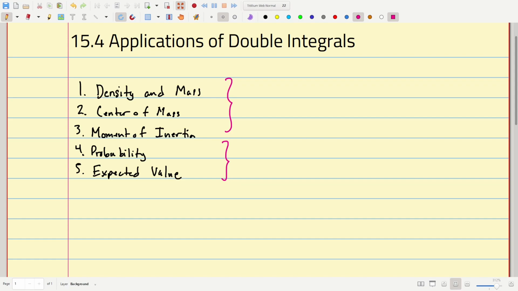And the bottom 2 are statistical properties. One, how do we measure the probability of an event occurring in the region? And then another one is an expected value, which is a specific type of probability measure. Okay. So just kind of keep that in mind as we go through.